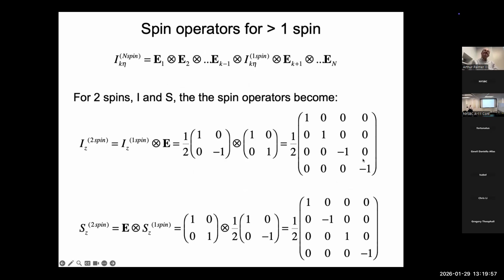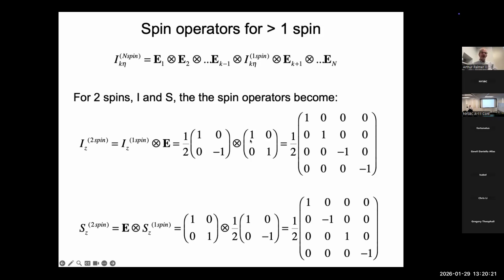So if we say the populations in alpha beta, that means we have a certain number of spins in the alpha state and a certain number of spins in the beta state with respect to some sort of normalization. And of course, the sum has to be a constant because we can't make spins go away.